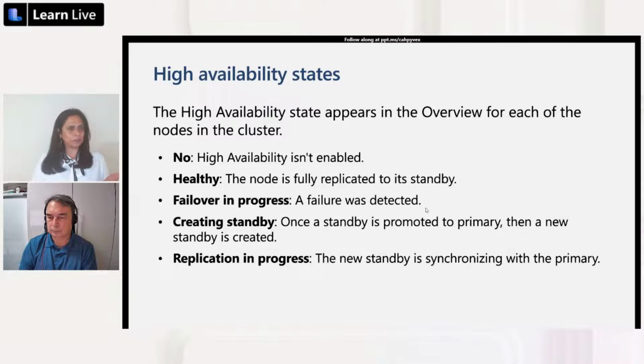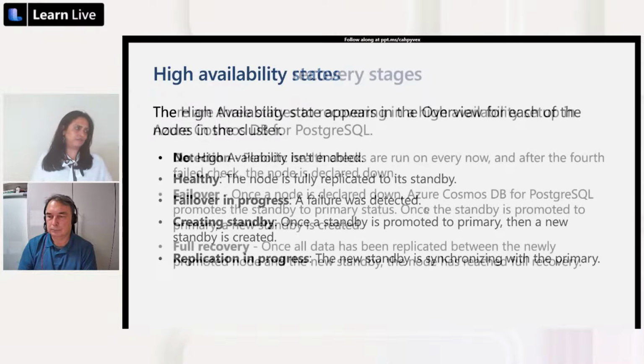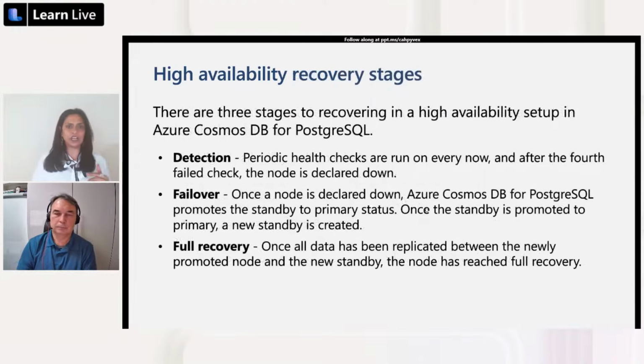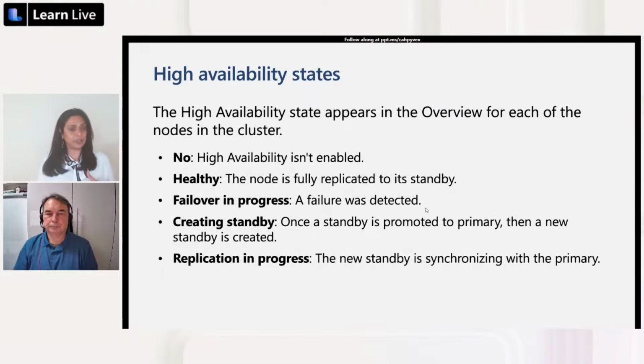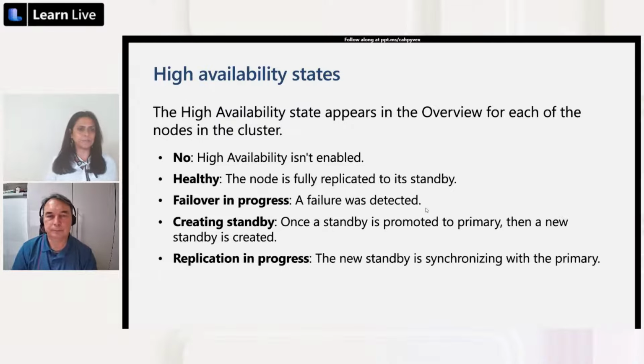So going back to the high availability states, as Goran has explained, we have the recovery stages, which is different from the availability stages, right? For those of you who have worked with high availability in other technologies, you'll know that it's not very different here. Maybe the terminology may be a little different, but the concept is still the same.